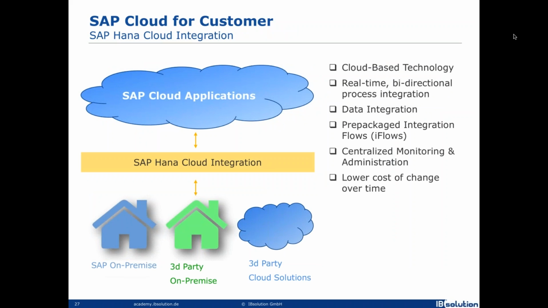A few words regarding HANA Cloud Integration. That's the new cloud platform which allows you to have integrations across different solutions. It allows you to have real-time integration for your processes, for example, creation of new sales orders or real-time pricing integration.